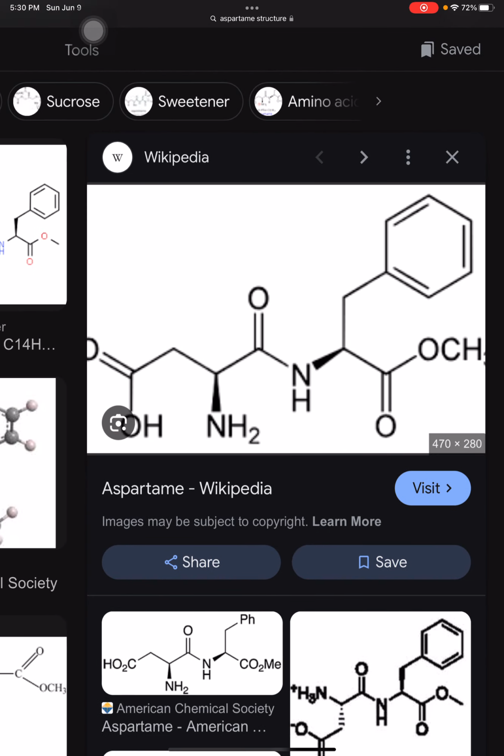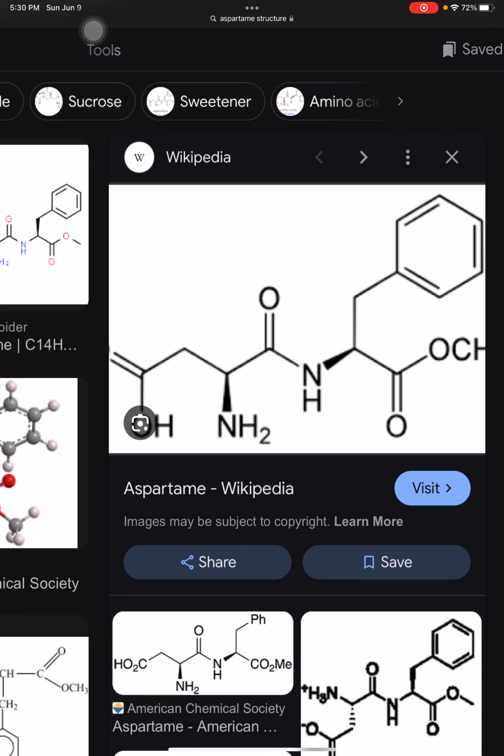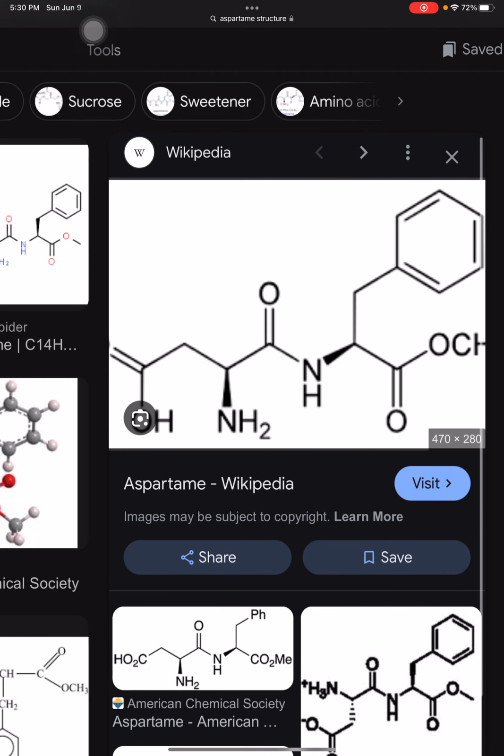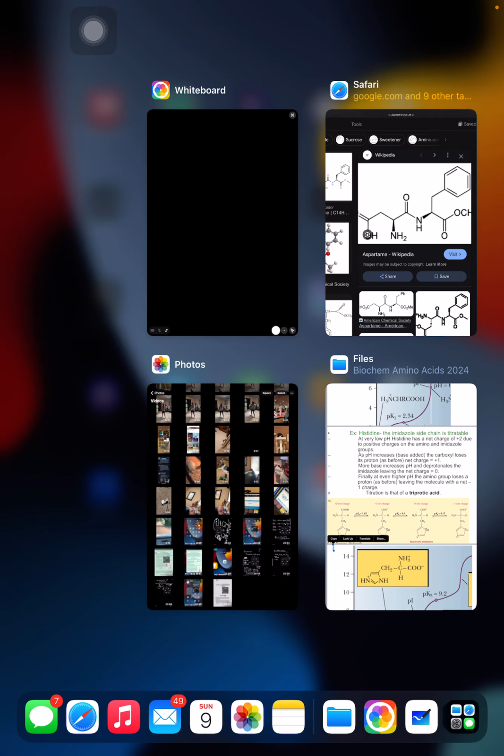So if you look at aspartame here, on the left side we have aspartic acid, and then it's been linked to a phenyl ester of phenylalanine. In the middle you see a peptide bond, C double bond O with a single bond to N, and phenylalanine has been modified to have an ester group on it. So, like we said earlier, sometimes these 20 essential amino acids can be modified a little bit before their use.